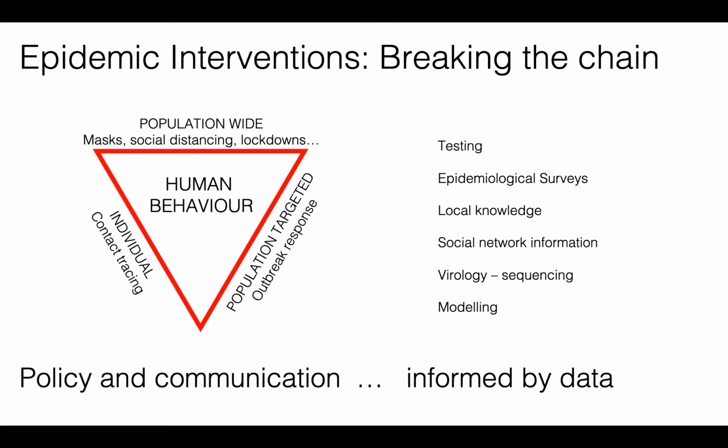So all of this is orchestrated by the right policy and communication, and that has in turn got to be informed by the right data, which may be diagnostics, testing, epidemiological surveys that are done routinely and in a structured way to account for biases, local knowledge, the existing knowledge of the social network and how individual diseases may spread around that social network.